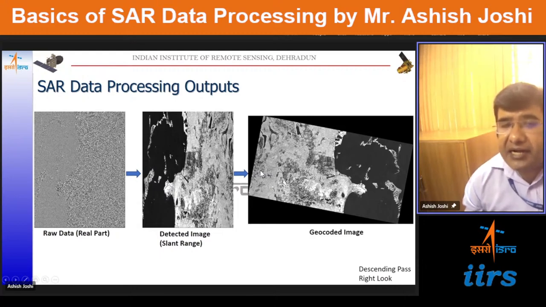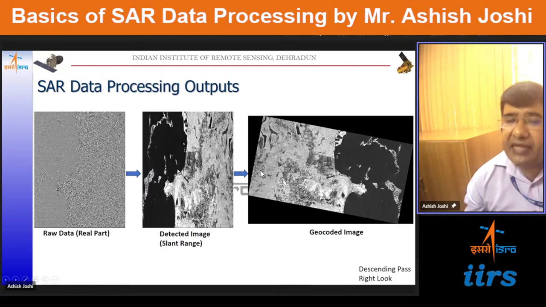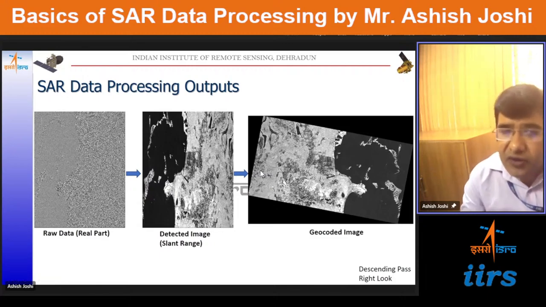And the slant range product, as I have told you, is still not geometrically corrected because it does not have a square pixel size, since it has the C by 2Fs spacing, and we have compressed images. Moreover, due to ascending and descending passes and left and right looking, there is some flipping in the range and azimuth direction, so it is not geometrically corrected or oriented towards true north.